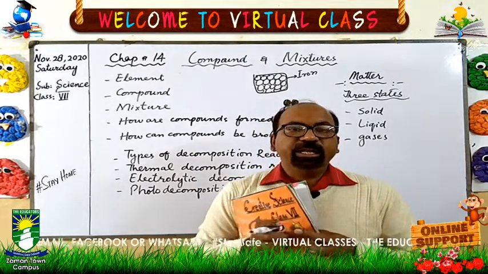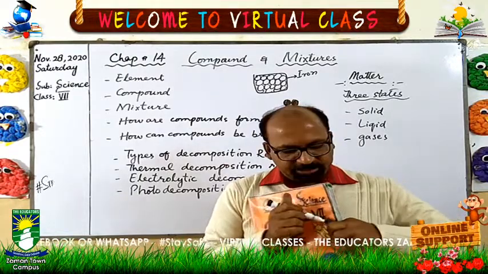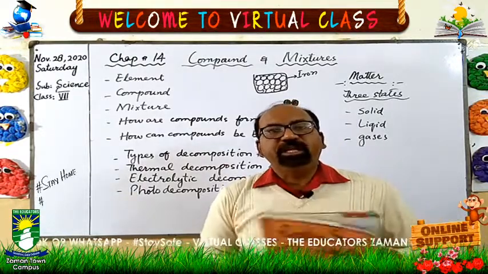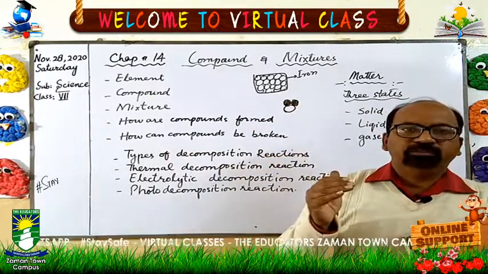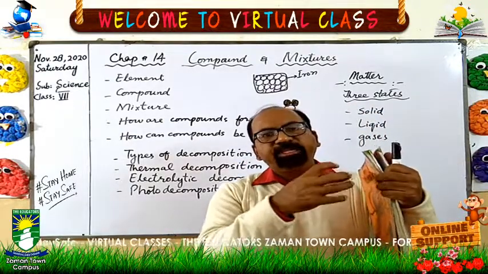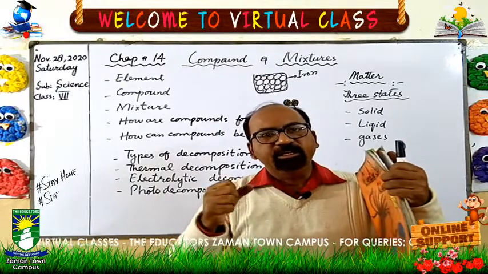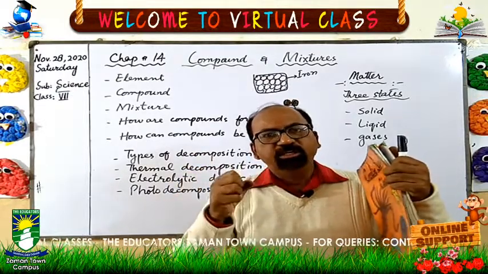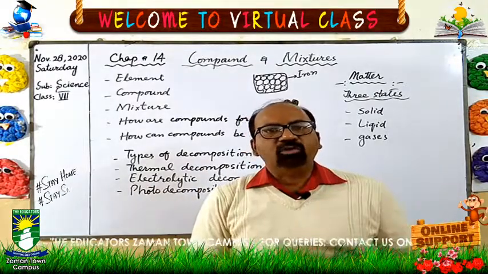That means when they come closer, a bond is created between them. What is bonding? Bonding means the sharing of electrons. When they share their particles, a condition is created. This attraction or condition which is created is called bonding.